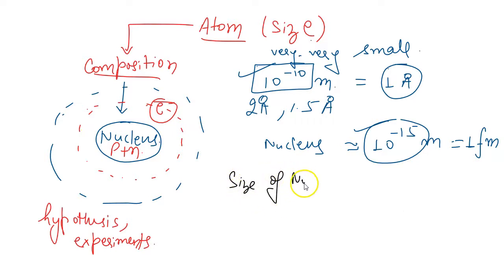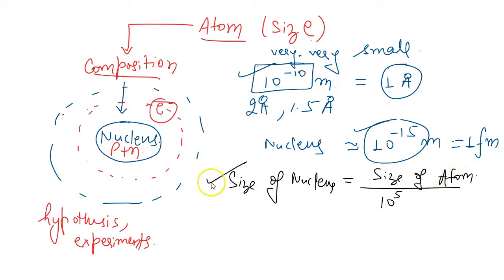Almost, if I say, the size of the nucleus is 10 to power 5 times smaller as compared to the size of the atom. So what does this sizing factor indicate? That the nucleus is occupying very less space as compared to the region within the atom.